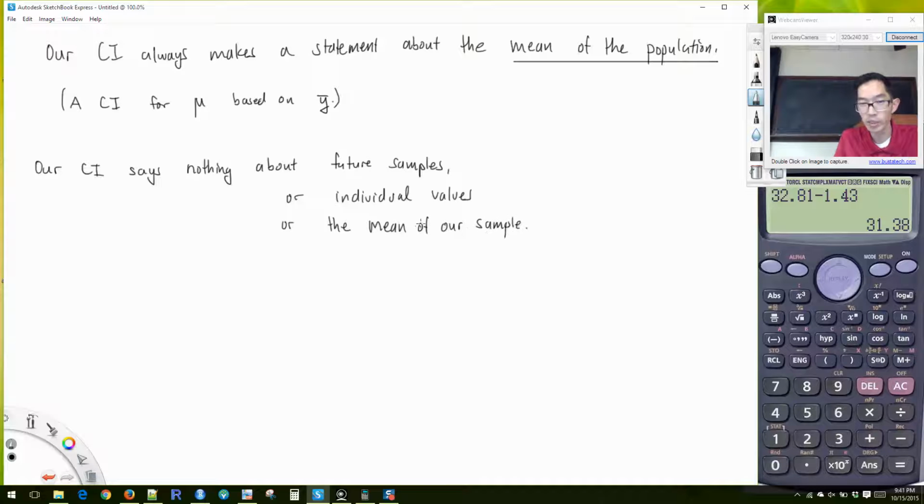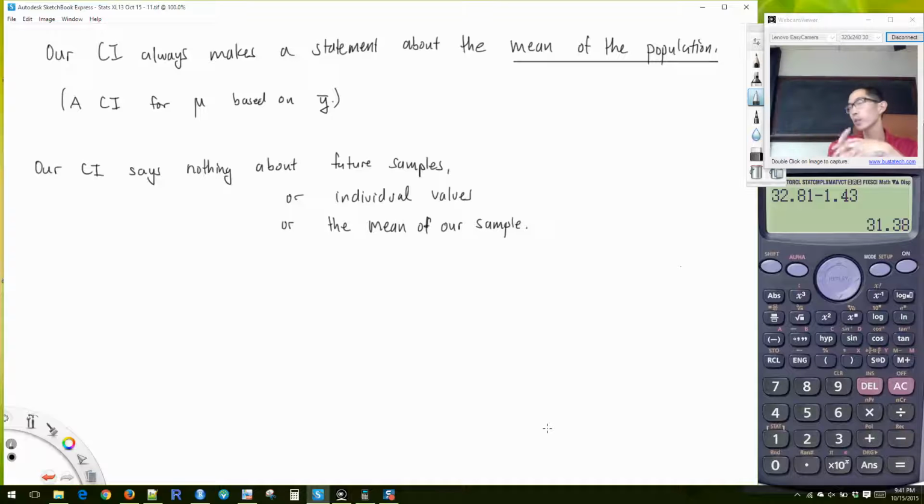Why would we not make a confidence interval for the mean of our sample? Because we know the mean of the sample. It doesn't make sense to say I'm 95% confident that the mean of the sample is between here and here. No, we actually know the mean of the sample is this value. I'm 100% confident that the mean of my sample is 32.81. I don't have to say anything about that, okay?